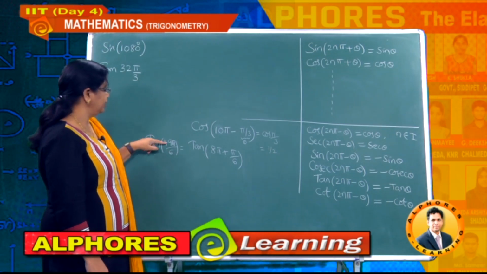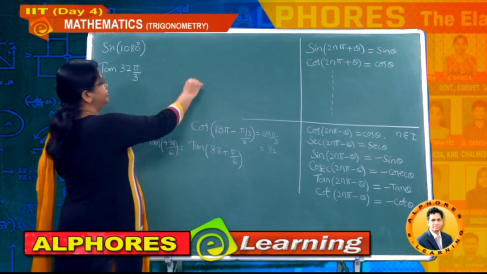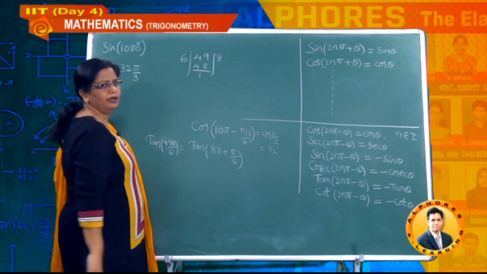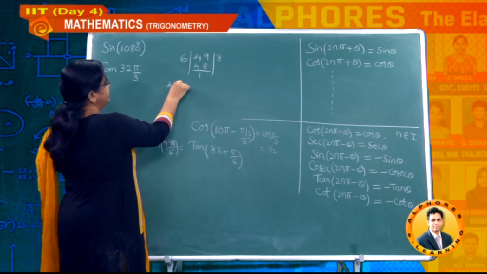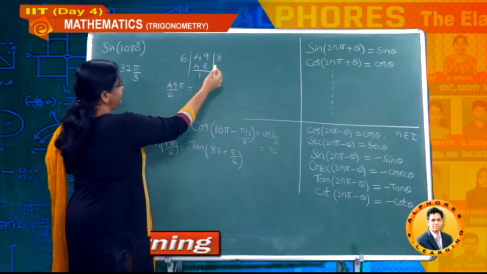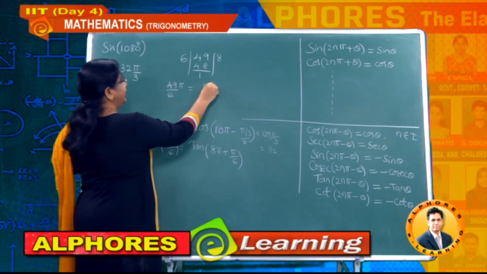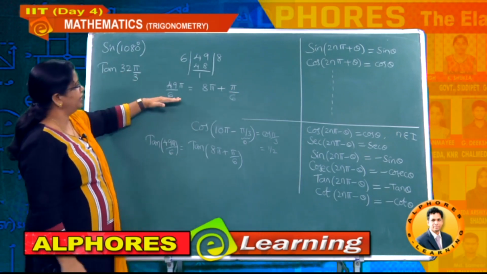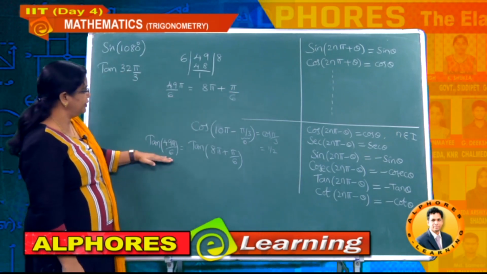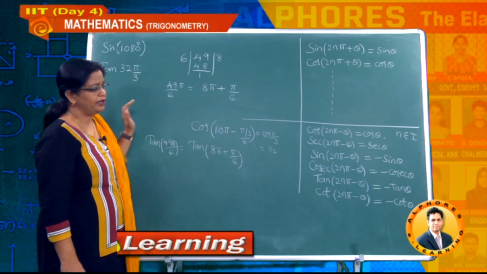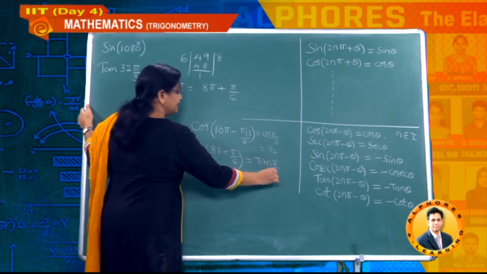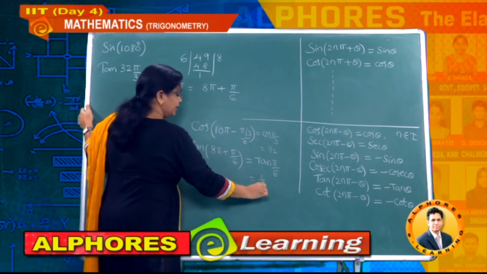Just use ordinary division, 49 divided by 6, which is 8 times, 48, and thereby the remainder is 1. So 49 pi divided by 6 you write as the quotient 8 pi, plus pi divided by 6. Understand? So directly you can write the answer as 8 pi plus pi by 6, and hence the answer is tan pi by 6, which is 1 divided by root 3.